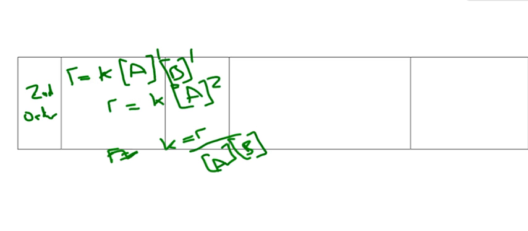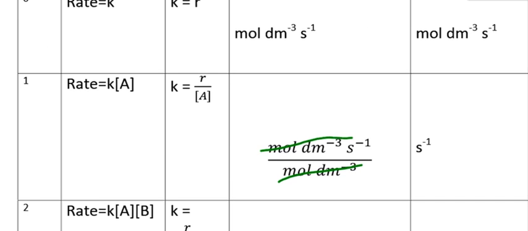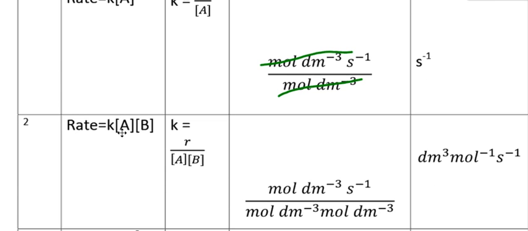So when you get that situation, again you're going to put in your units. So let's focus on this expression, and I'll go back to the table. So here we've got, for a second order, the rate as K times A times B, both of these being first order, so giving an overall order of 2.